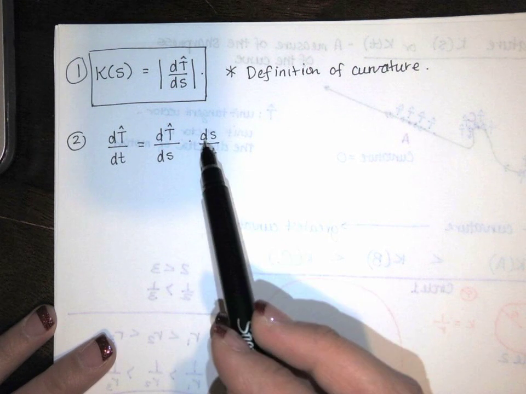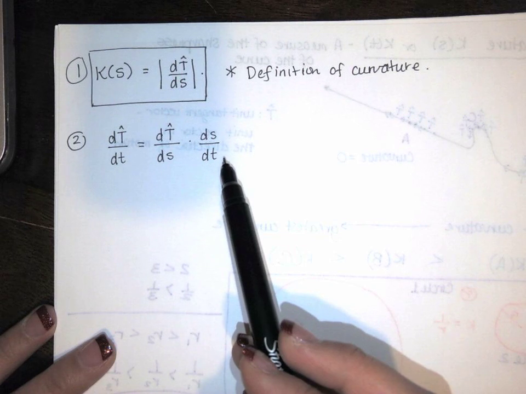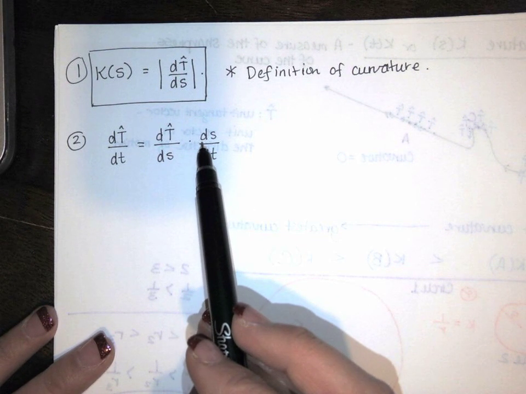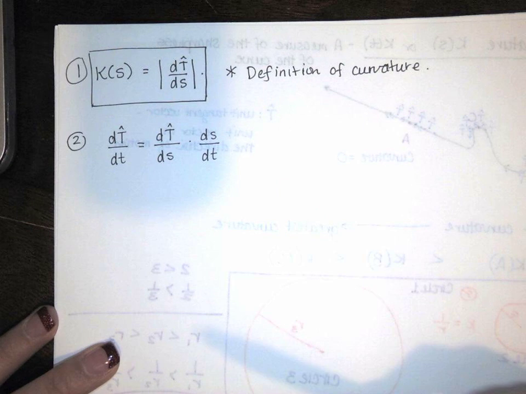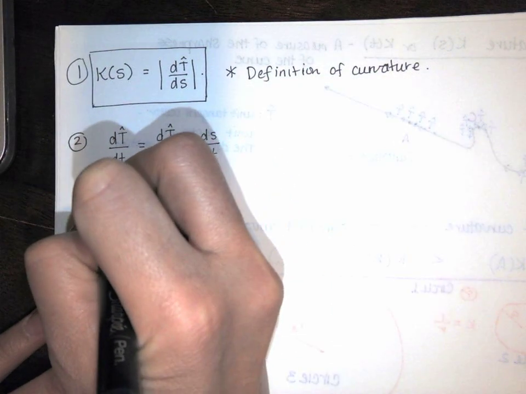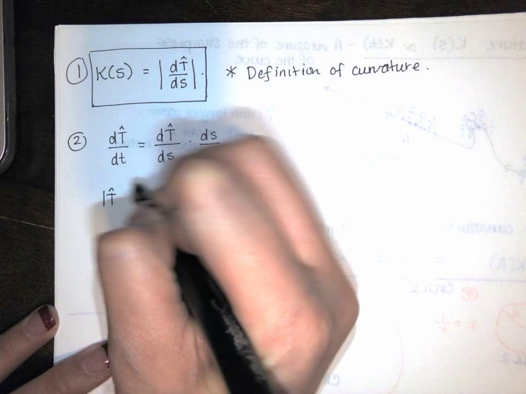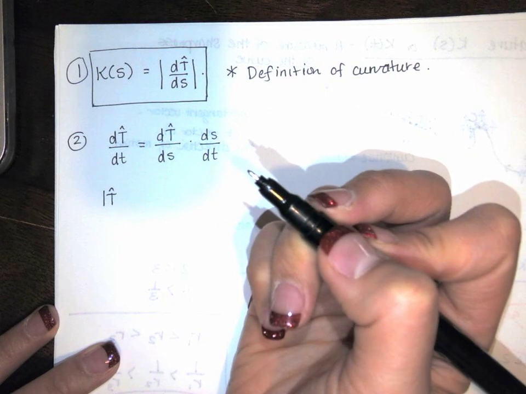This is the derivative of length with respect to time, or the derivative of distance traveled along the curve with respect to time is speed. So I'm going to write this using prime notation instead. Oops, I don't need magnitudes yet, but I'm going to need them in a minute. Let's take magnitudes of everything.